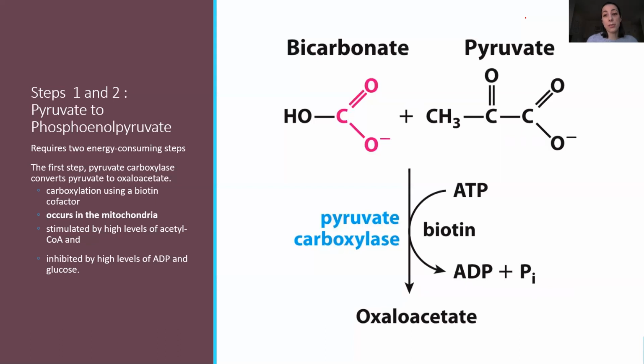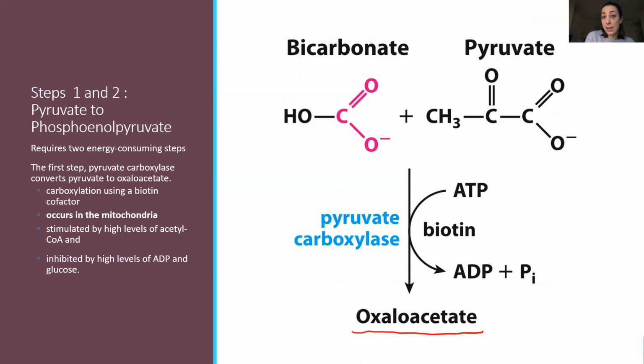It requires also the addition of another molecule, which is bicarbonate. So with addition of bicarbonate and pyruvate, we go through the first step, which is pyruvate carboxylase. This converts pyruvate into an important molecule called oxaloacetate.